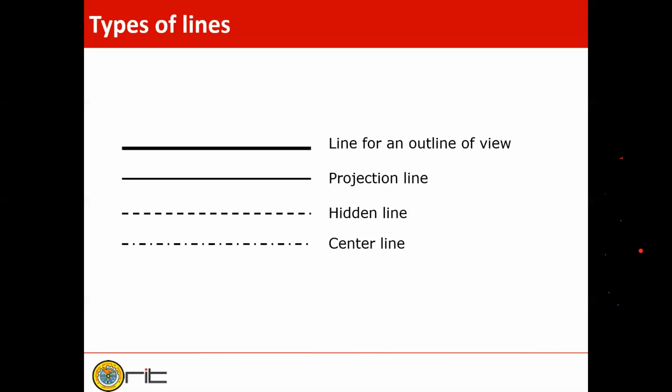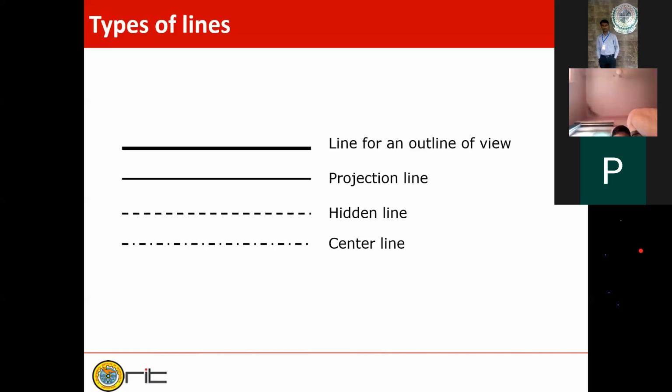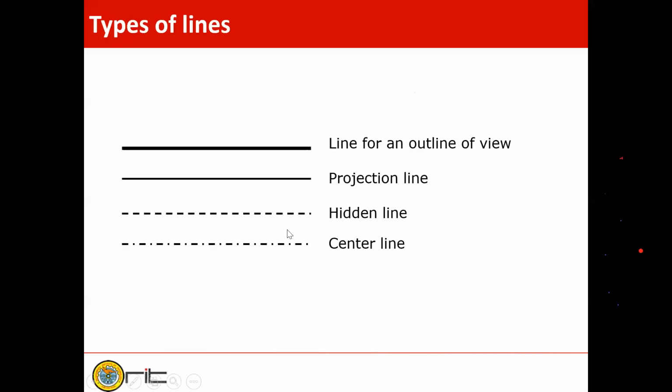Okay. Now, you can see here different types of lines: outline, projection line, hidden line, center line, that we have learned at the start of this course. So I will just repeat it and then you can solve.